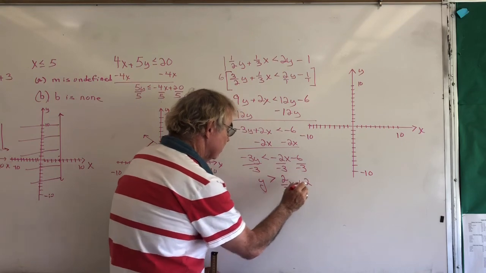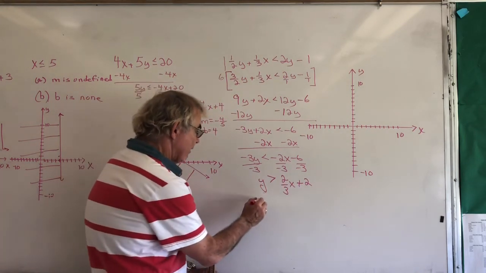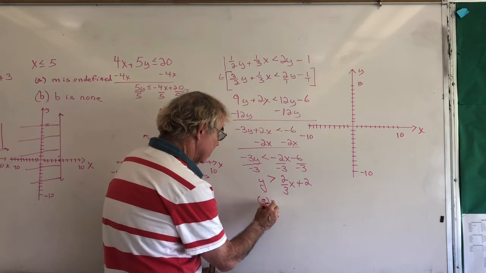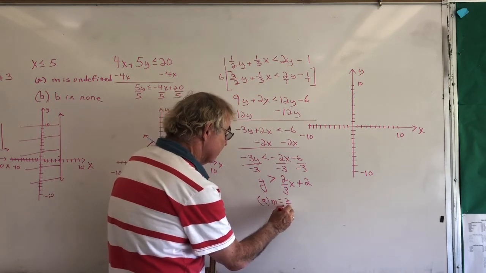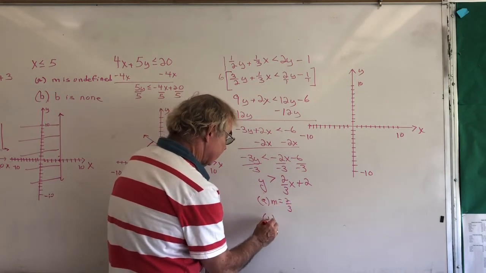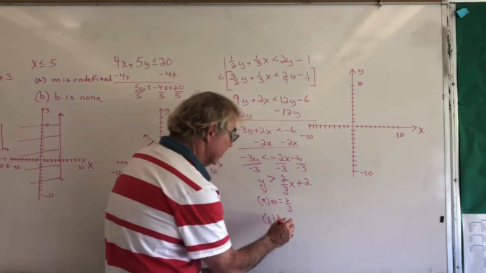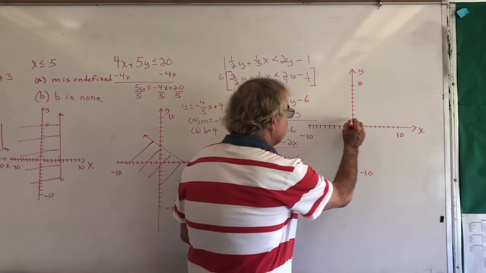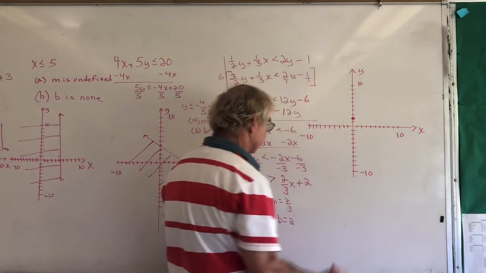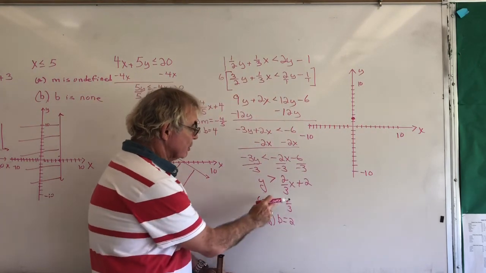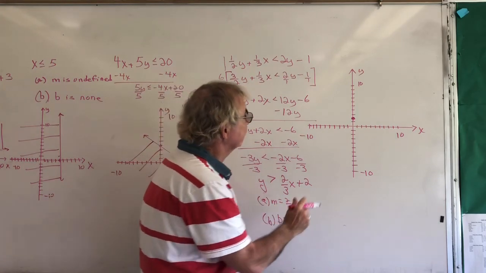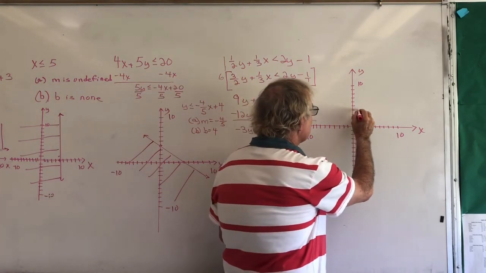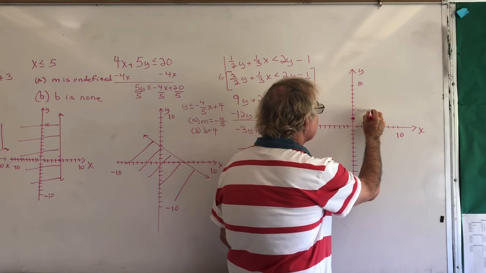Plus 2. So we have our slope to be 2/3, our intercept to be 2, and then we plot it. We go up 2, the dot. We rise 2 and run 3, another dot.